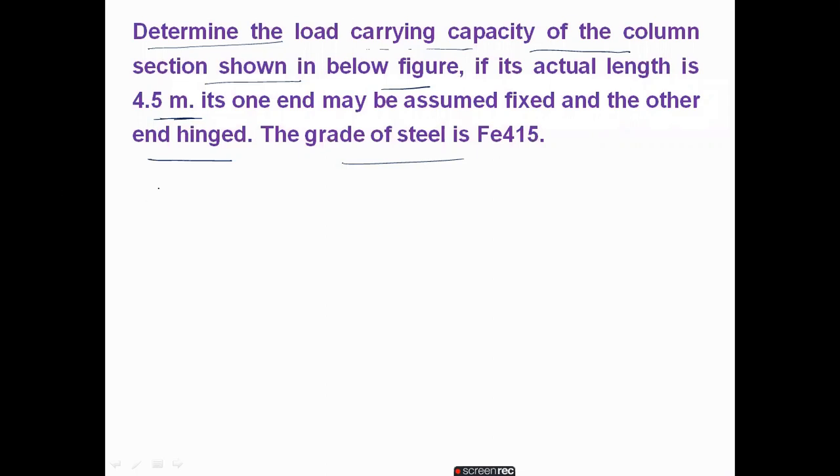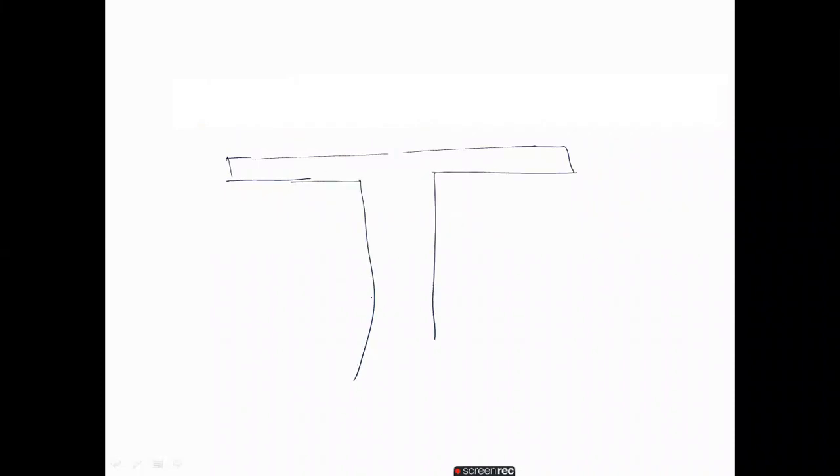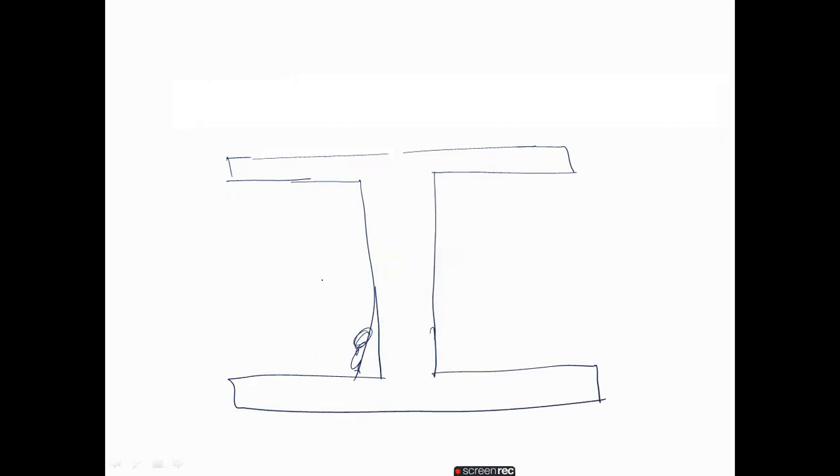So here they have given the problem like this. Now, the section: whether they have given the section or not, we will draw the diagram here. This one is the section. This is the axis ZZ.